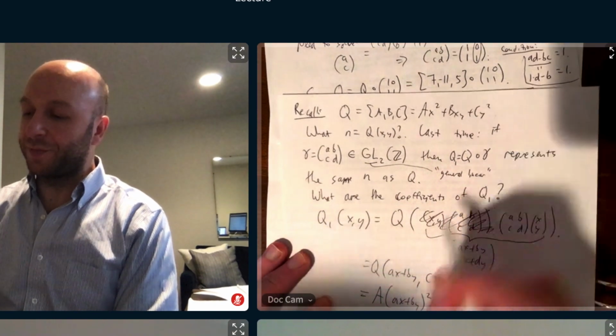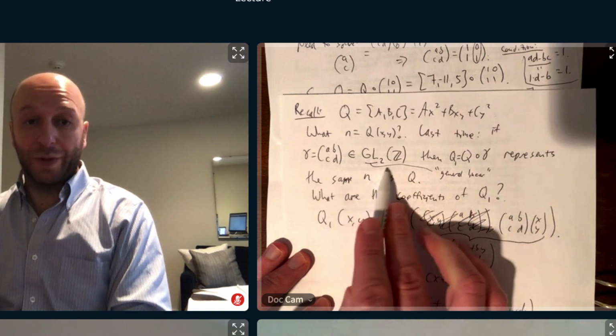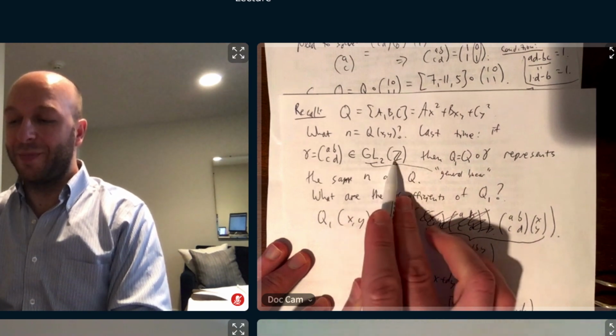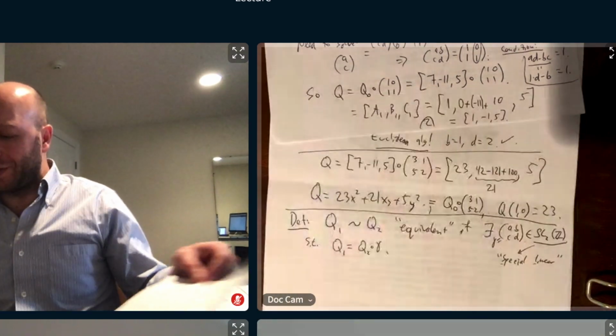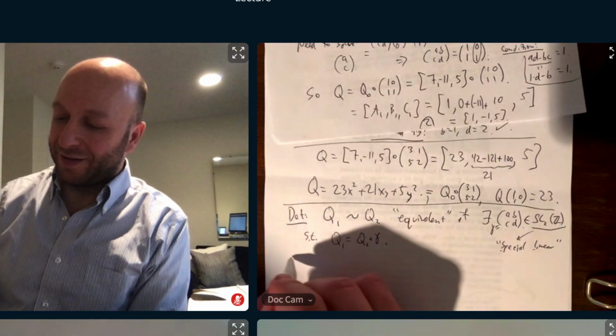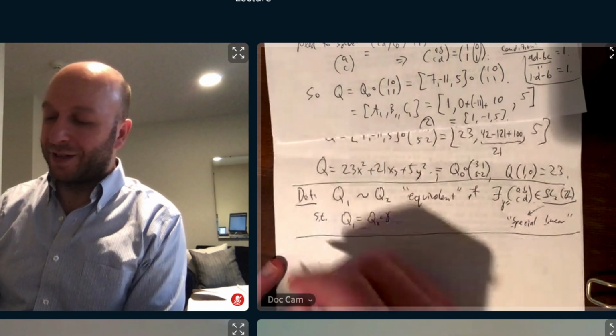General linear just means invertible matrices, but invertible with inverses in the same type. So for a matrix to have, do you guys know this? What's the inverse of a 2x2 matrix? Let's talk about this for a second. Actually, it's going to be relevant right now.